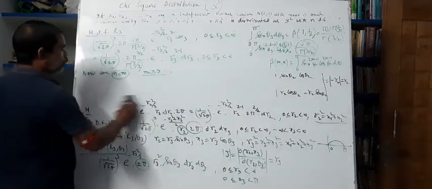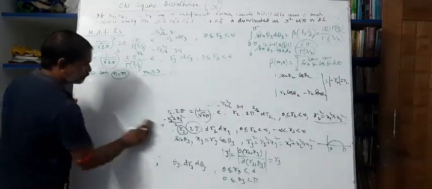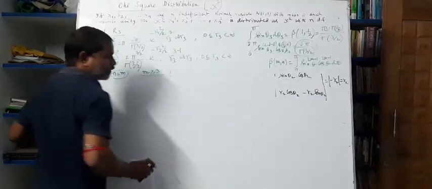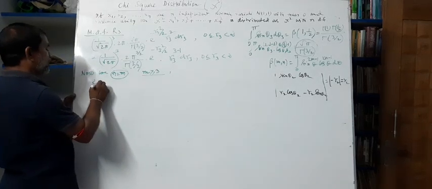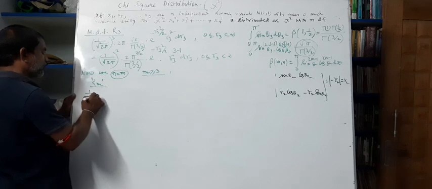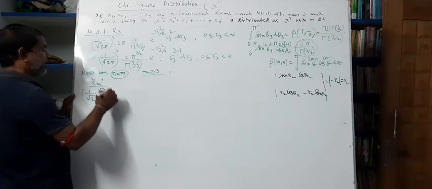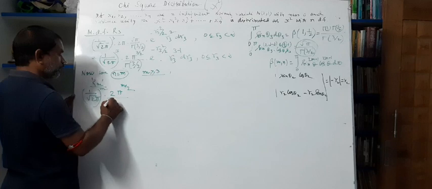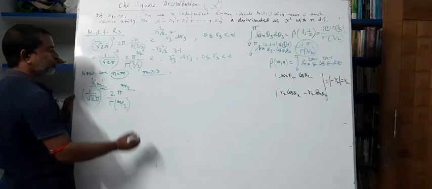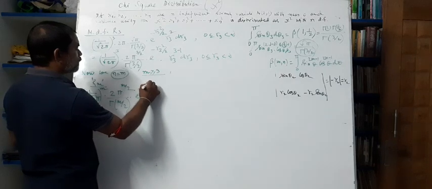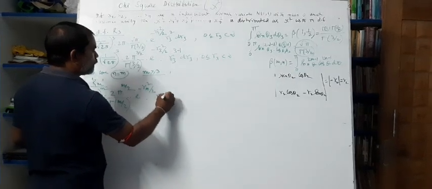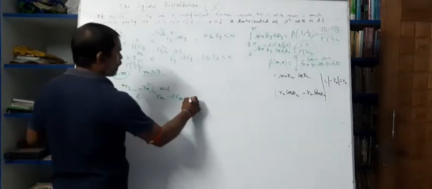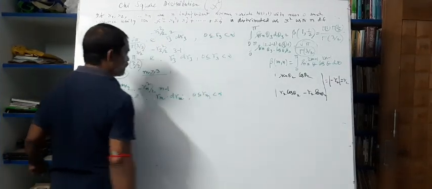So we write the distribution function of Rm as 1 by root over 2 pi whole to the power m, 2 into pi to the power m by 2 divided by gamma of m by 2 into e to the power minus Rm square by 2 into Rm to the power m minus 1 into d of Rm, where 0 less or equal to Rm less than infinity.